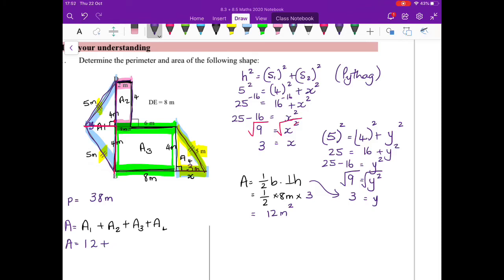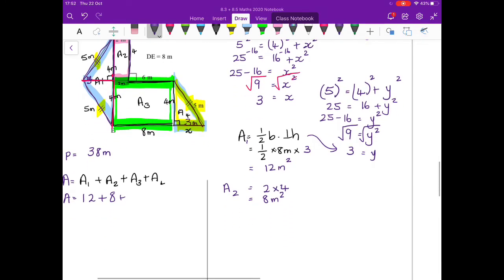So 12 plus area 2, I've got 2 meters, so that was area 1. Area 2 is length times breadth in this part here. So we would have 2 multiplied by 4 gives us 8 meters squared. So I'm going to plus 8.